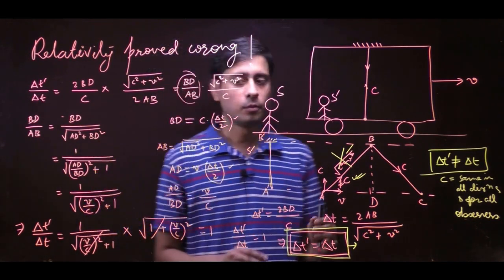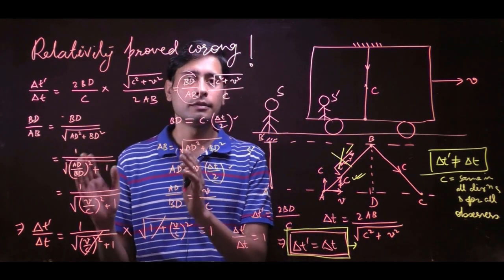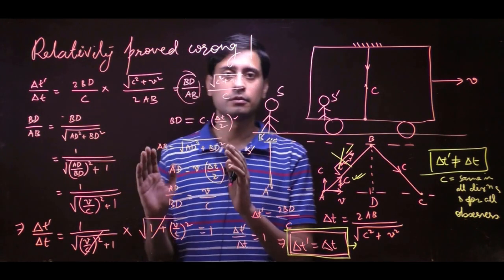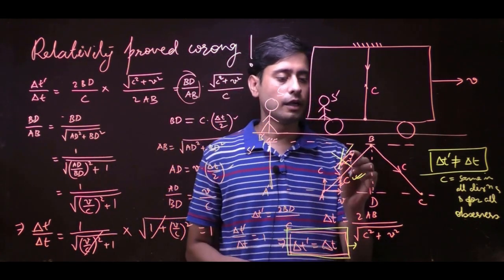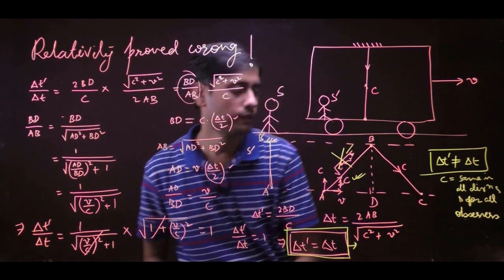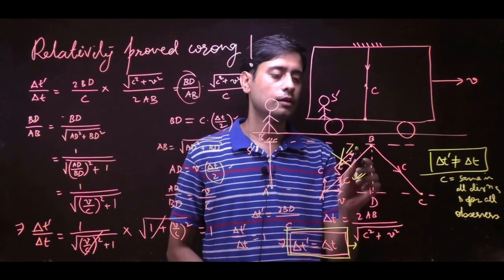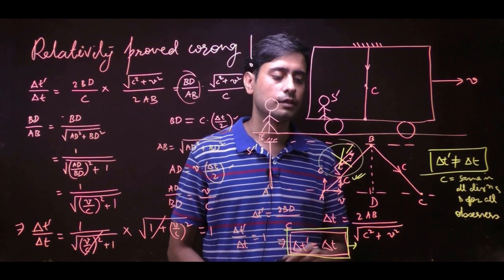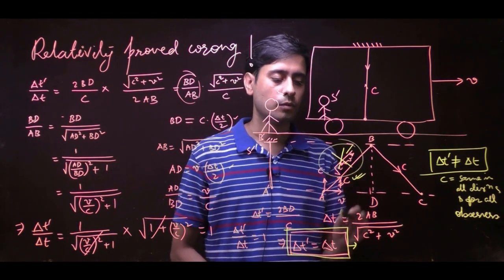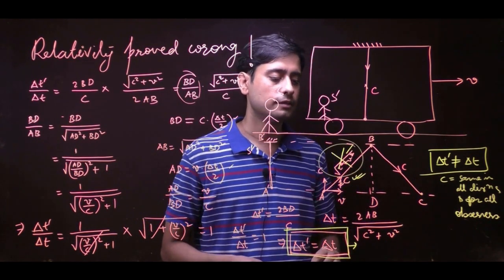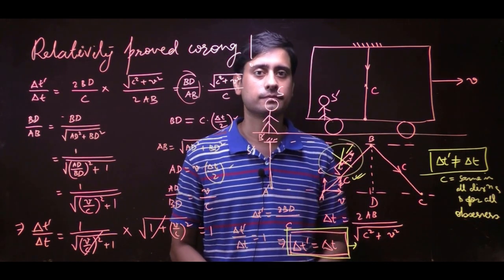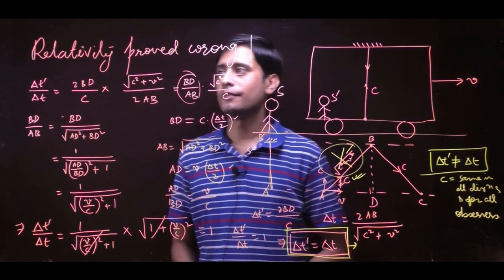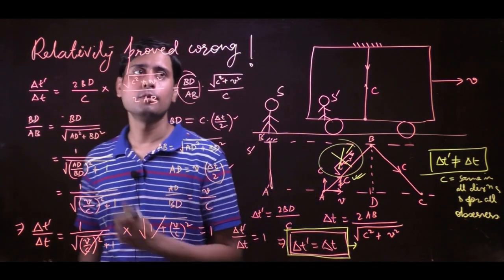So we cannot apply that cart and ball kind of thing here and write that this velocity c square plus v square is holding. This is not true. The speed of light is c for the two observers. So relativity is actually not proved wrong.